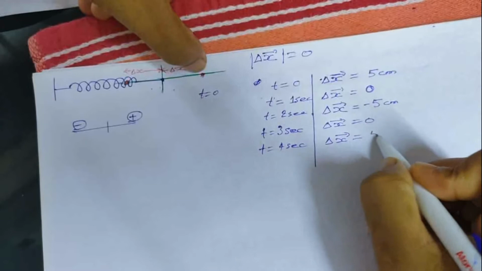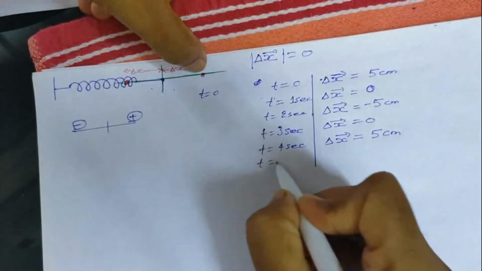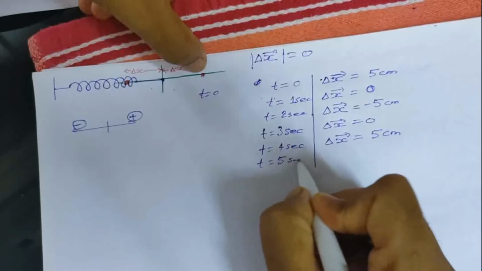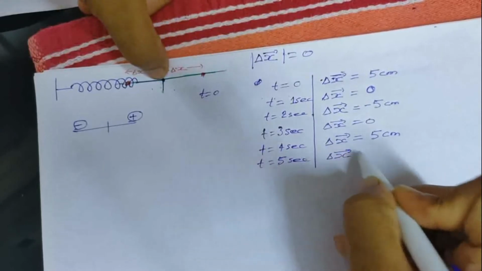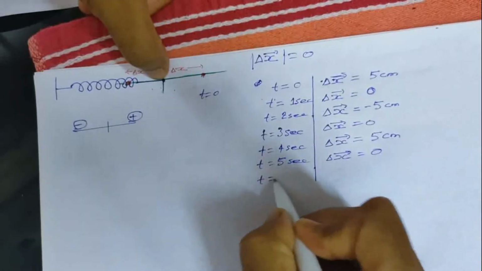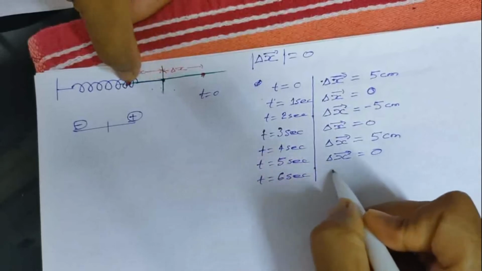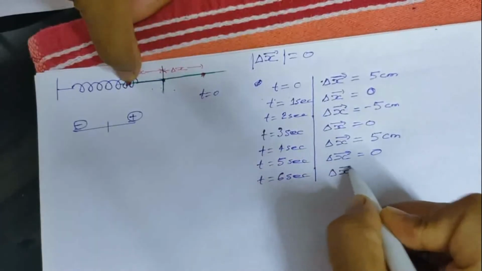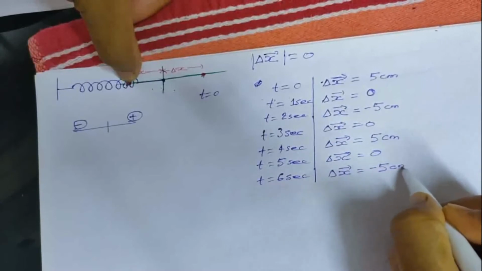Plus 5 centimeter, 2 more times. T equal to 5 second, delta x, displacement is 0. T equal to 6 second, what is delta x? It is again minus 5 centimeter.